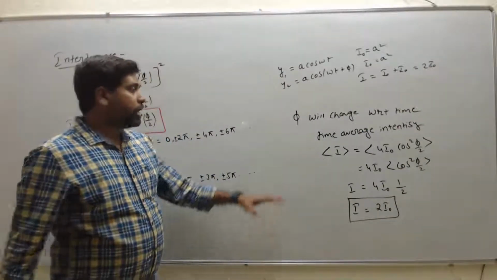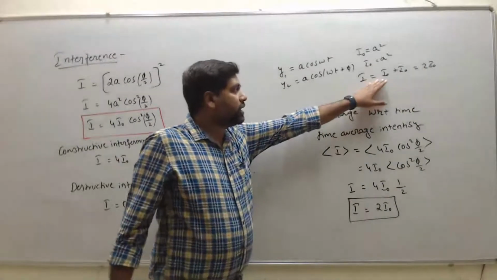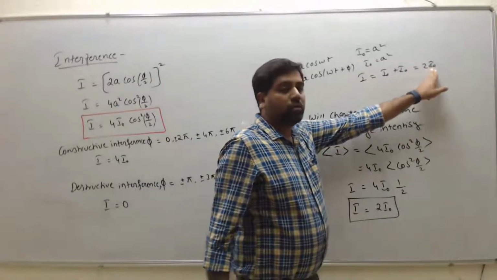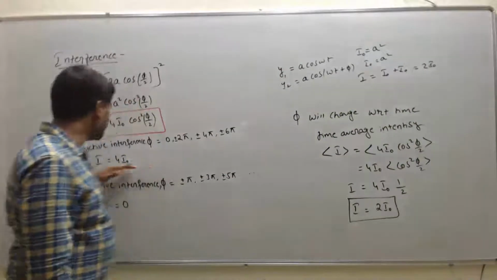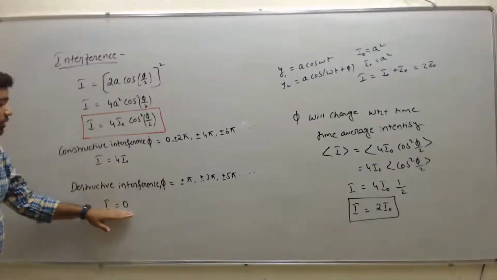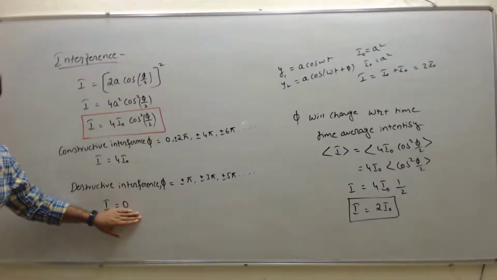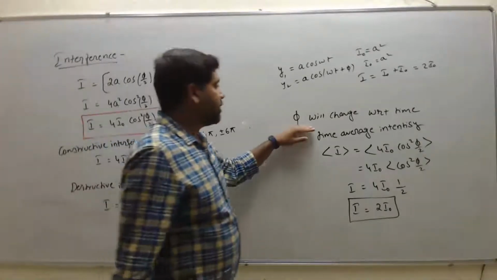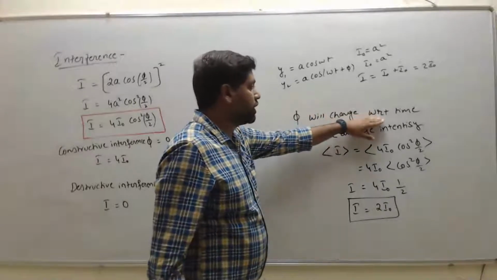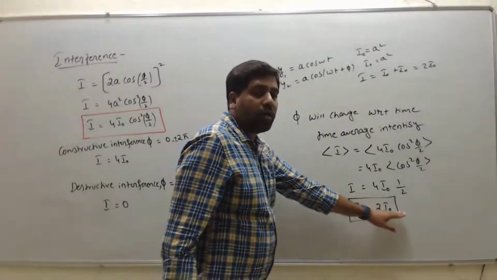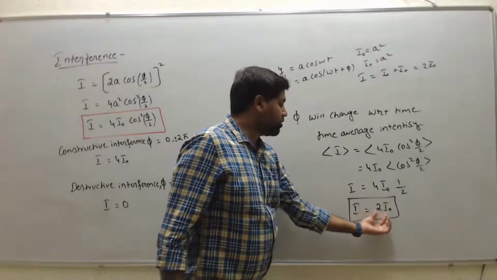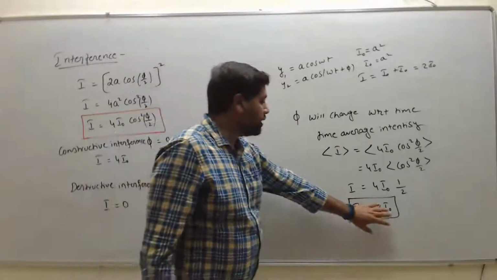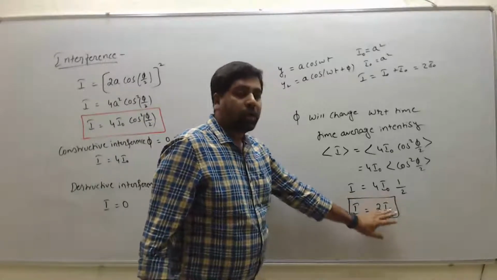So at any point the intensities add up to 2 I naught. Here for phi constant the intensity varies, minimum at one place and maximum at another. But when phi changes with respect to time, the intensities add up: the resultant intensity equals the sum of the individual intensities, and at any point we get the same intensity.